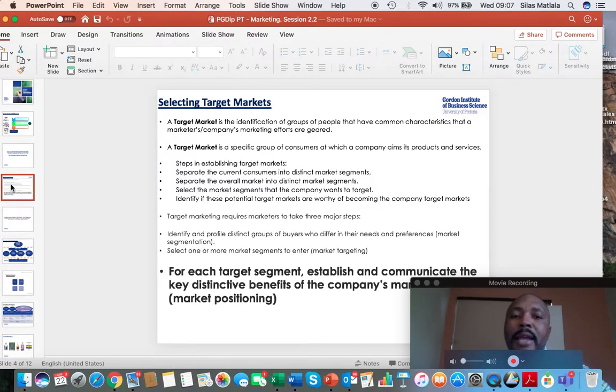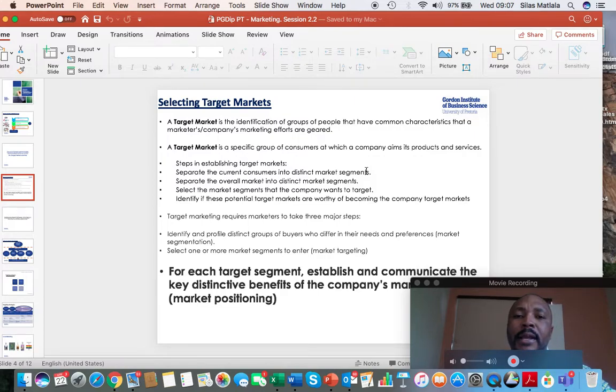Because a target market is the identification of groups of people that have common characteristics that a marketeer or a company's marketing efforts are geared towards, or rather a specific group of consumers at which a company aims its products and services. The underlying word being aims its products and services.